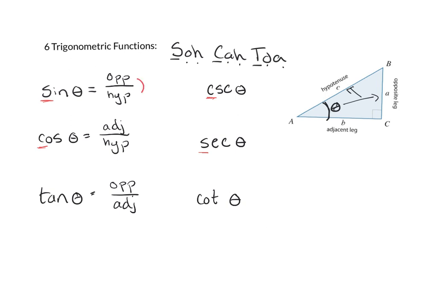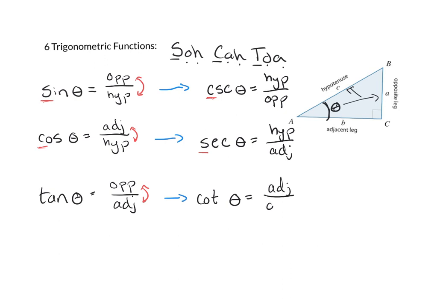And then it's equal to the reciprocal of all of these. So cosecant will be hypotenuse over opposite. Secant will be hypotenuse over adjacent. And cotangent will be adjacent over opposite.